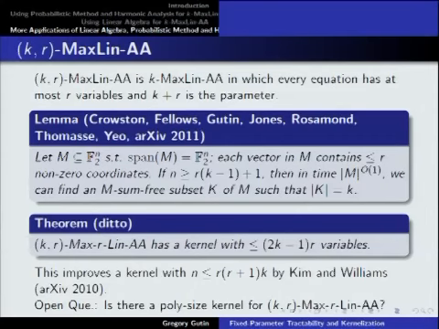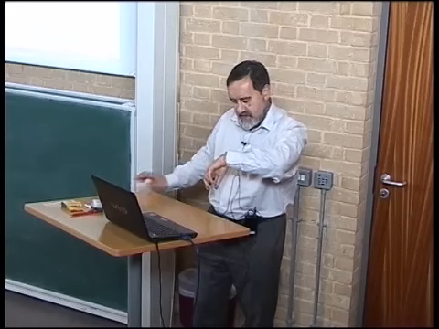Okay, and in this case, this inequality for n more or equal than r times (k minus 1) plus 1 is sharp, so you cannot improve it.